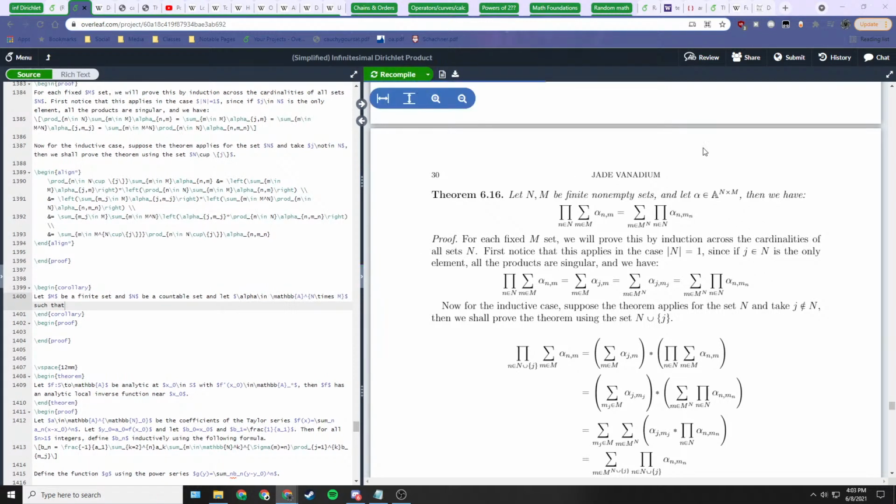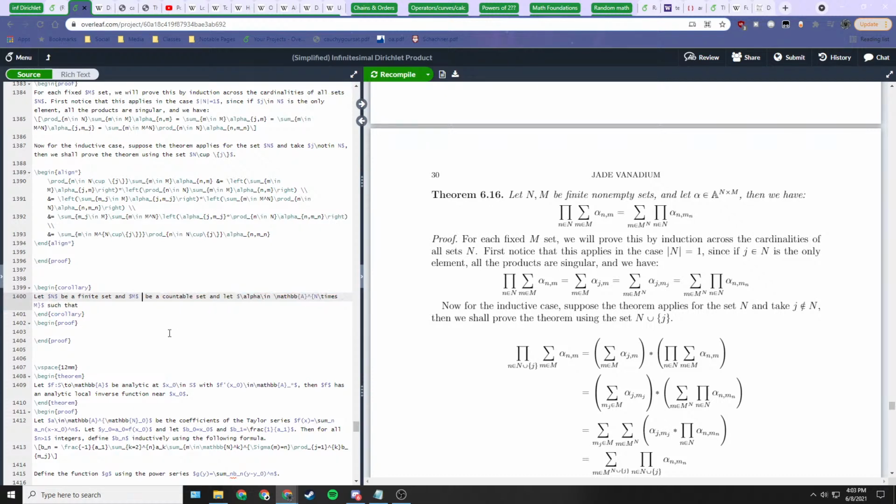So we want to have, I think, absolute convergence. So if we're limiting through these, oh no, wait. Let's do, actually we'll do an easier version. We'll limit through the m sets. We'll say let n be a finite set and m be a countable set.